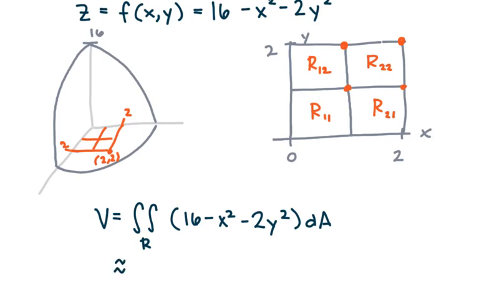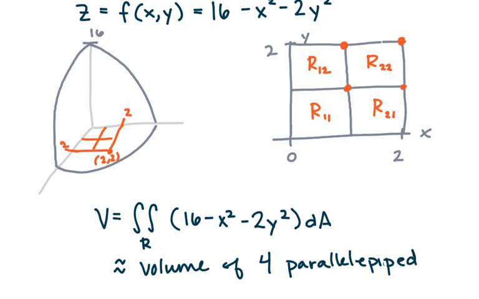That's going to be approximately the volume of the 4 parallelepipeds. So I can shoot up, I'm going to have 4 different parallelepipeds that are going to go up and touch my surface.